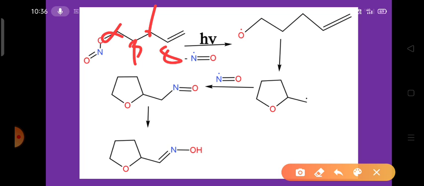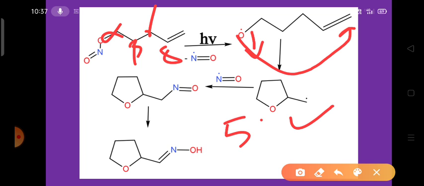In that case, the alkyl oxygen free radical formed here undergoes cyclization and we get a cyclopentane ring. There is a possibility for this oxygen free radical to attack this carbon also, but formation of the five membered ring is more favorable than the formation of the six membered ring. This rule is known as the Baldwin rule.